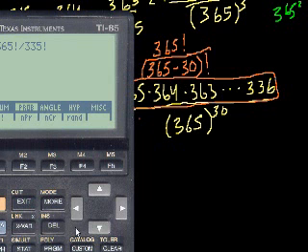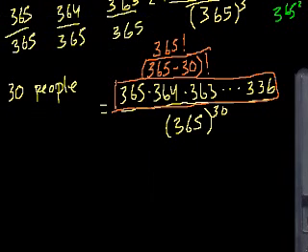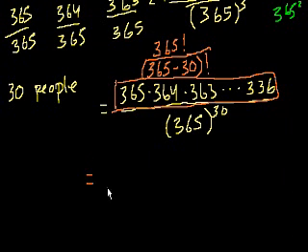And that's that whole numerator. And now we want to divide the numerator by 365 to the 30th power. Let the calculator think, and we get 0.2936, and if you round it, 0.2937, which is equal to 29.37%.